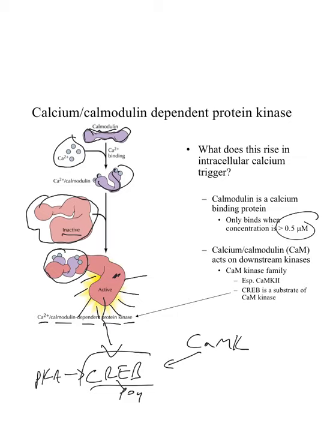That's convergence of two different signaling pathways, the cyclic AMP PKA pathway and the CAMK pathway. And remember, upstream of CAMK is PIP2. So all that stuff converges on CREB. And that's one way that we would regulate gene expression downstream of phospholipase C, for example.